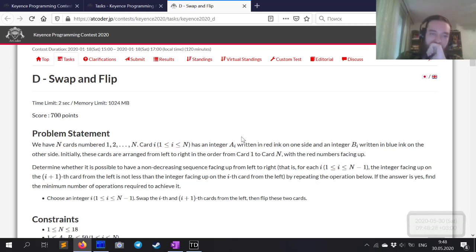Okay, so we have cards. Two numbers on different sides of each card, with red numbers facing up.